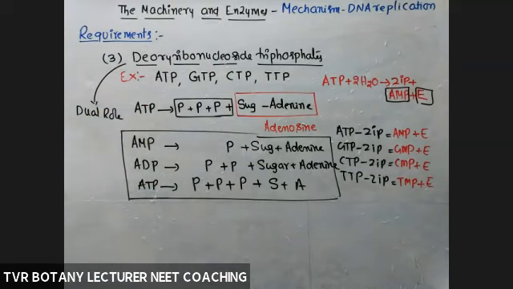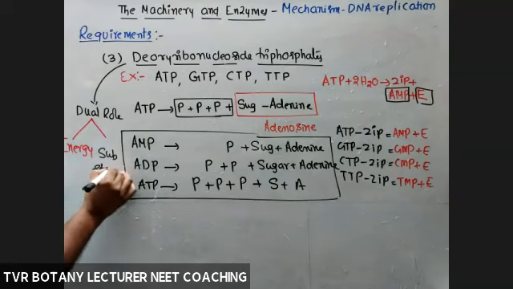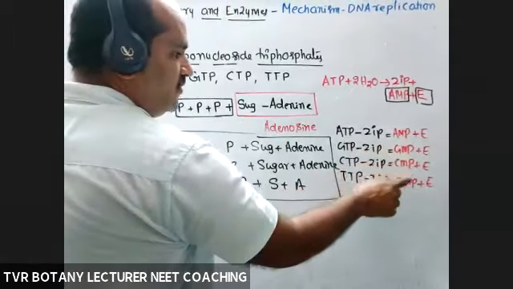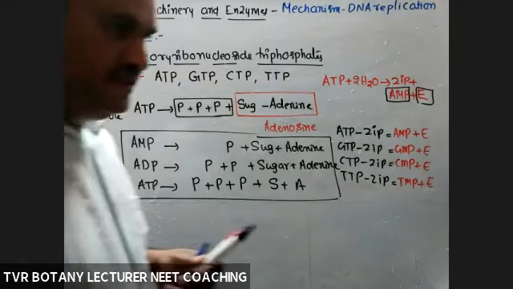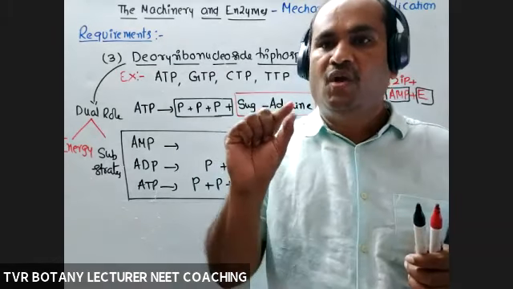Two functions: energy plus substrates. Substrates 1, 2, 3, 4 come from these, and energy. That is the role of deoxyribonucleoside triphosphates.